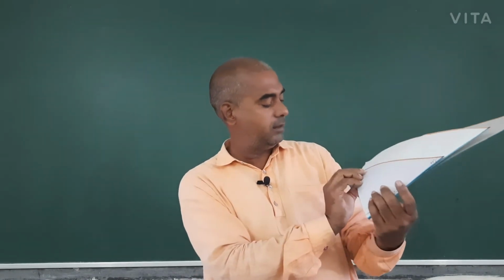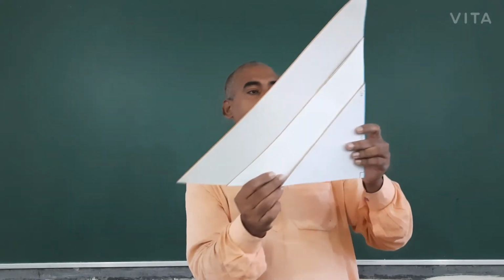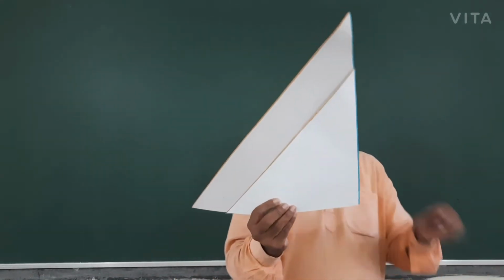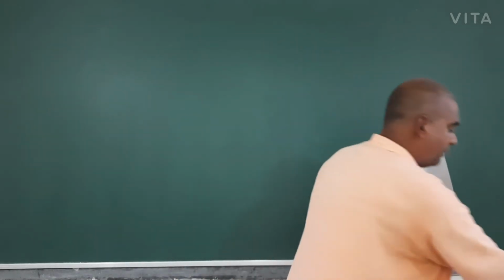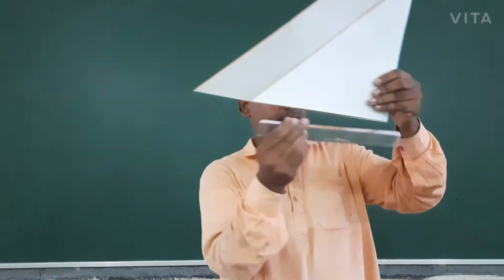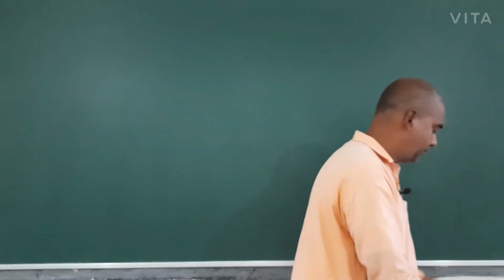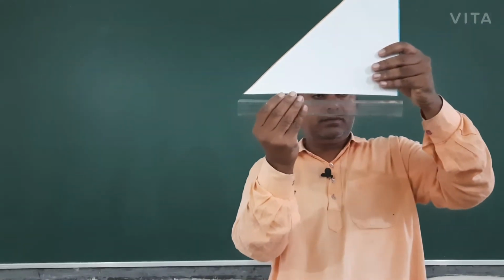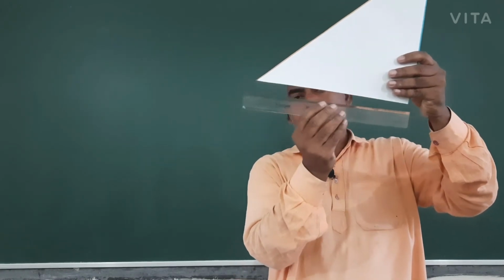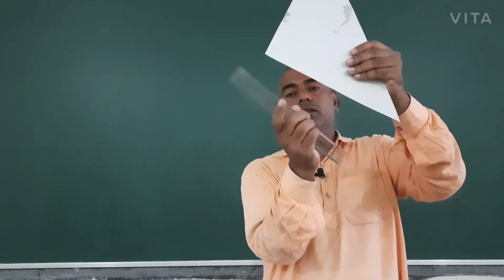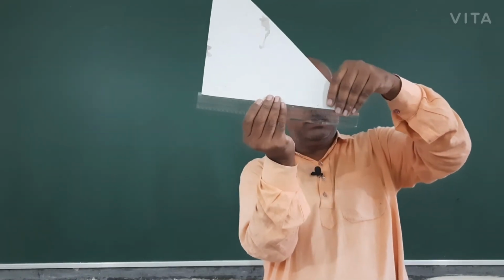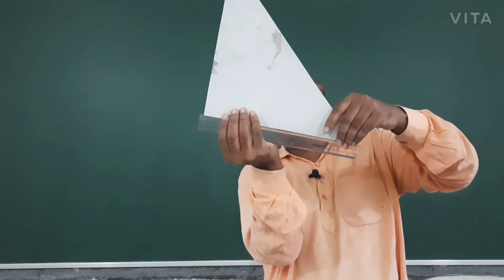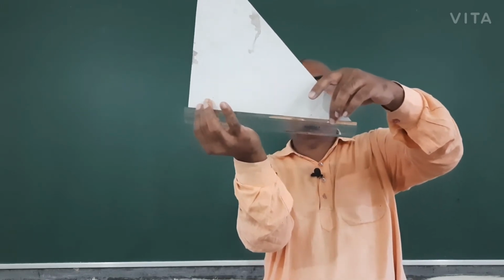And yes, the second one I have made it 30. This is 30, this is 30, so that will be 30 root 2. Let me check. This is 30 centimeter.